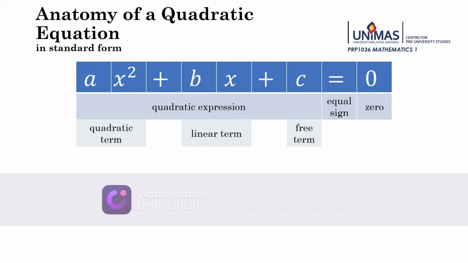In the standard form, we can divide it into three terms: the quadratic term, the linear term, and the constant, or we call it the free term, equal to 0.